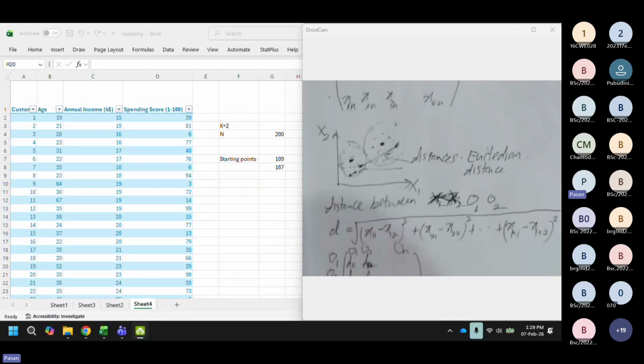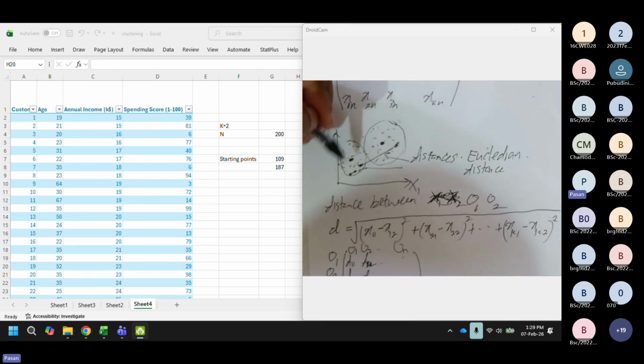Other than that, if you look at the k-means clustering technique, in that case we need to define how many centers we are using, that is, how many clusters we are having.